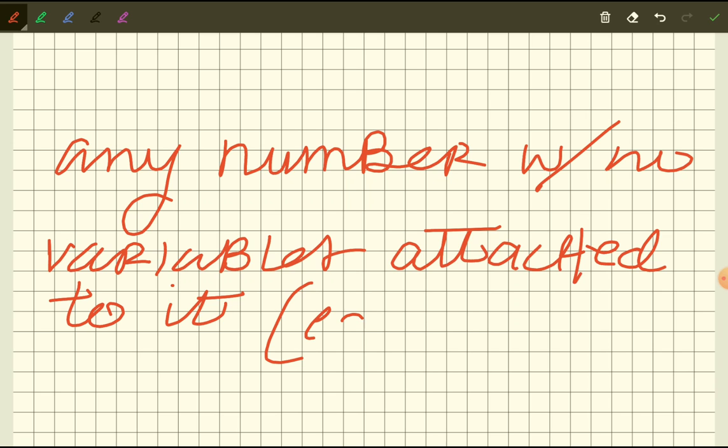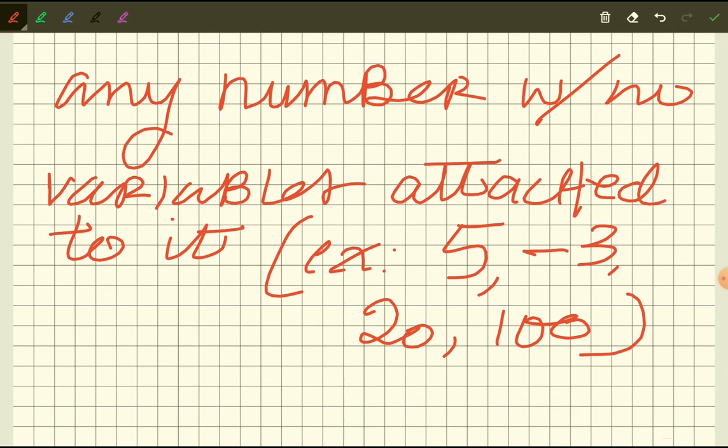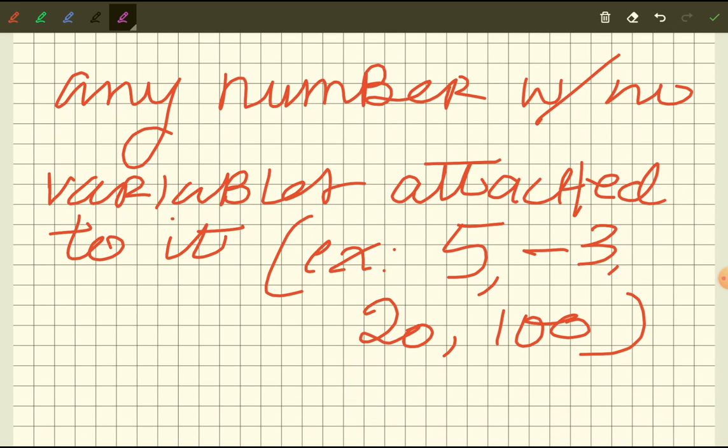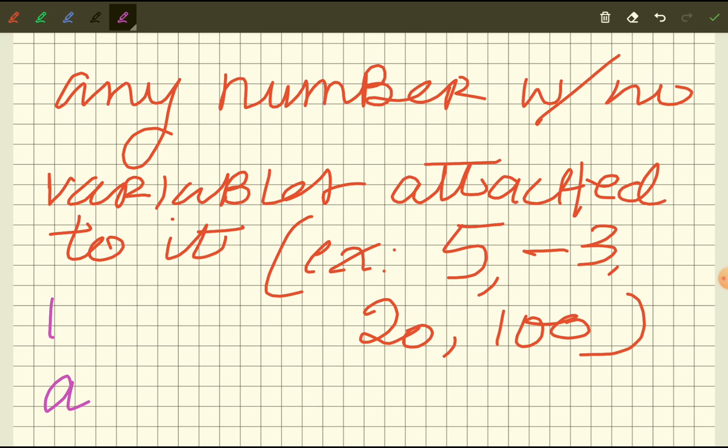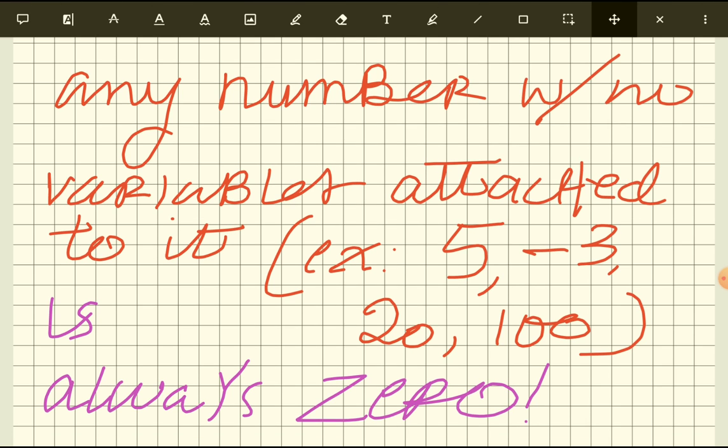So, for example, 5, -3, 20, 100. The derivative of any of these regular looking numbers is always 0. That's the constant property.